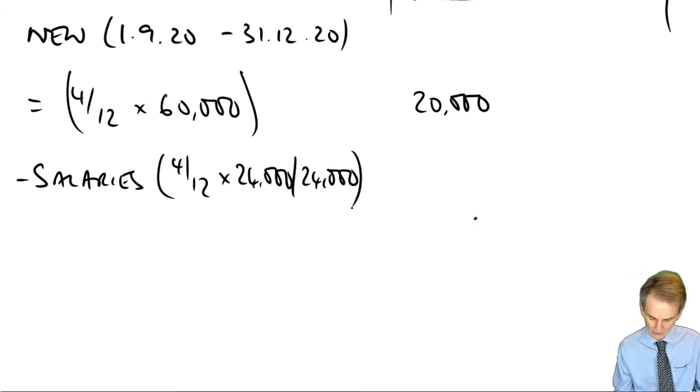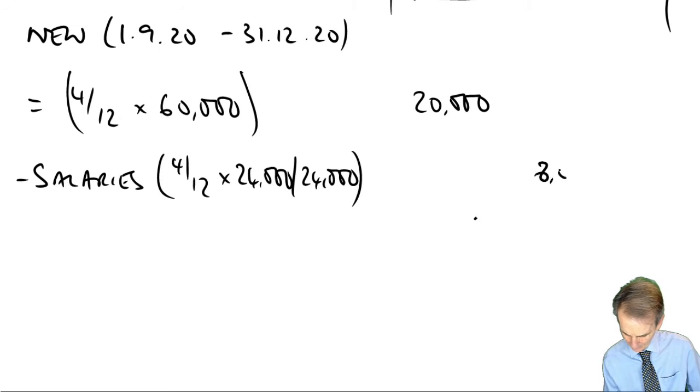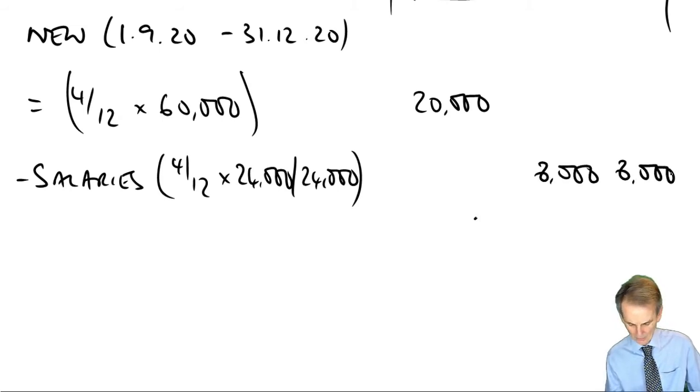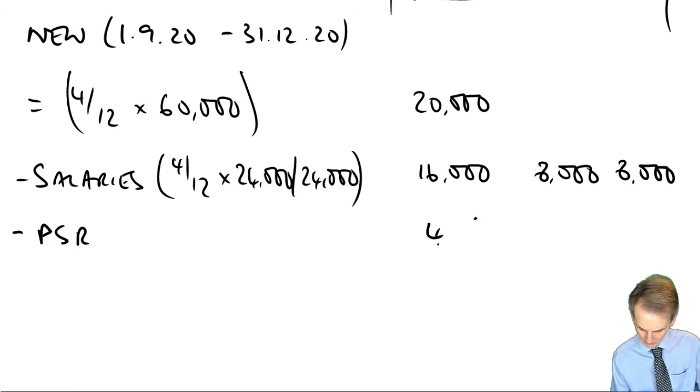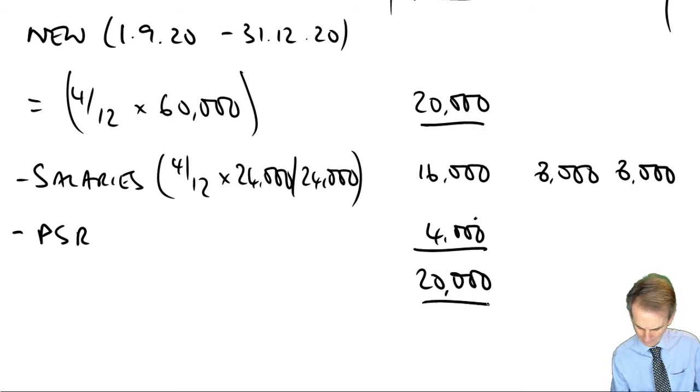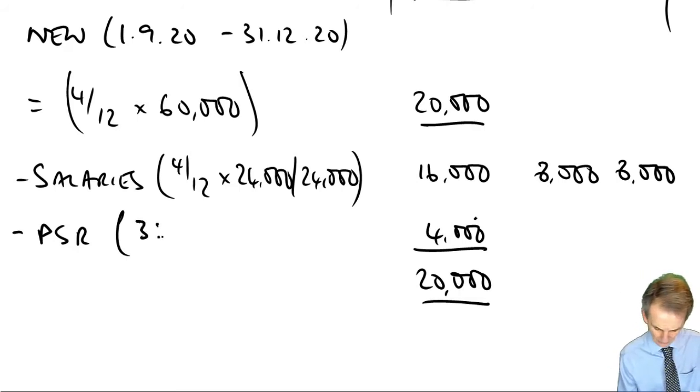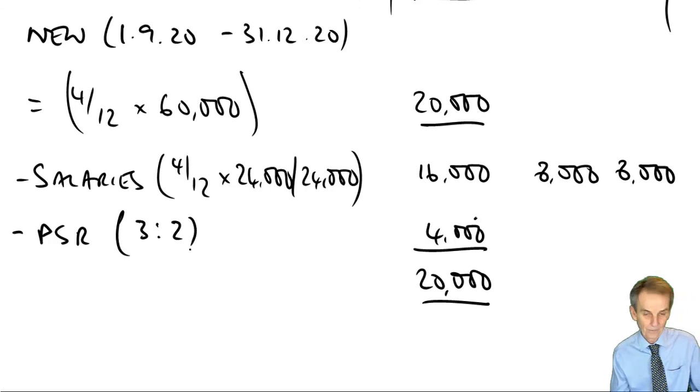So 4/12, 1/3 of that will be 8,000 credited to each partner. That's 16,000 in total, meaning that you end up with a balance of 4,000 out of the total of 20,000 here, to split in the profit sharing ratio, and that revised PSR was 3 to 2.